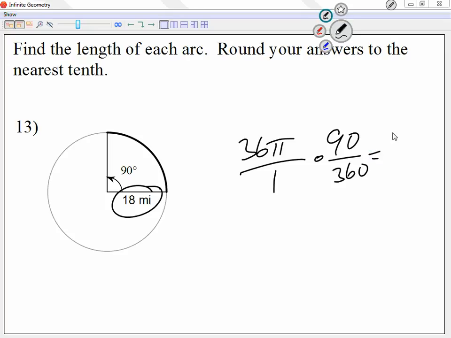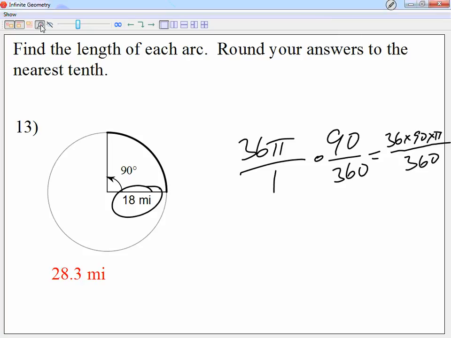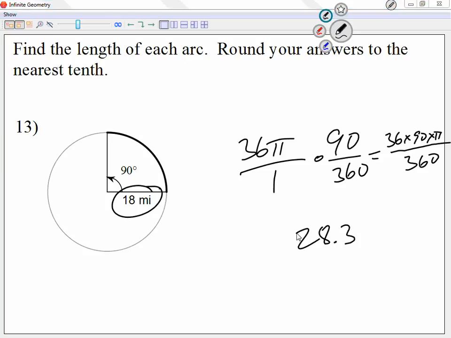I can just go 36 times 90 times pi, whatever that is. You type it in your calculator, 36 times 90 times pi, whatever you get, you divide it by 360. Round it to the nearest tenth, so one decimal place, you should finish with 28.3.